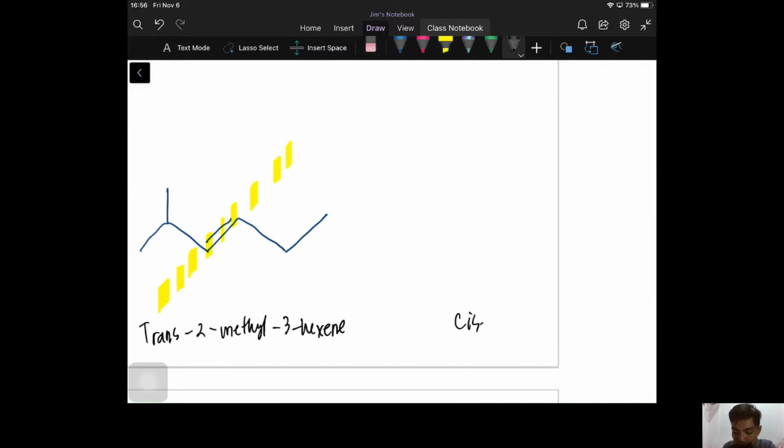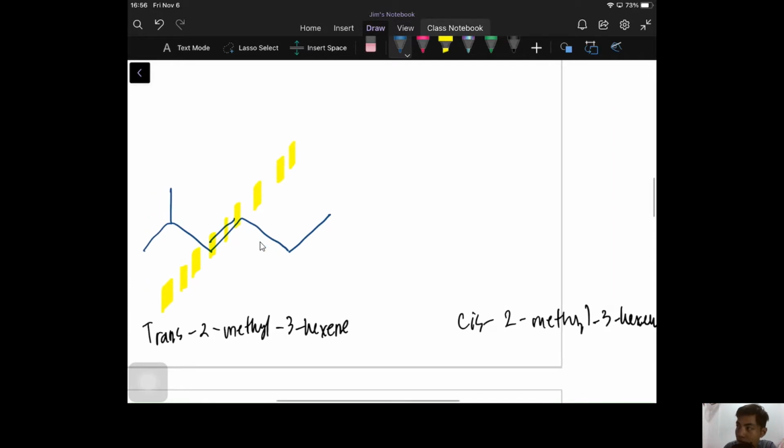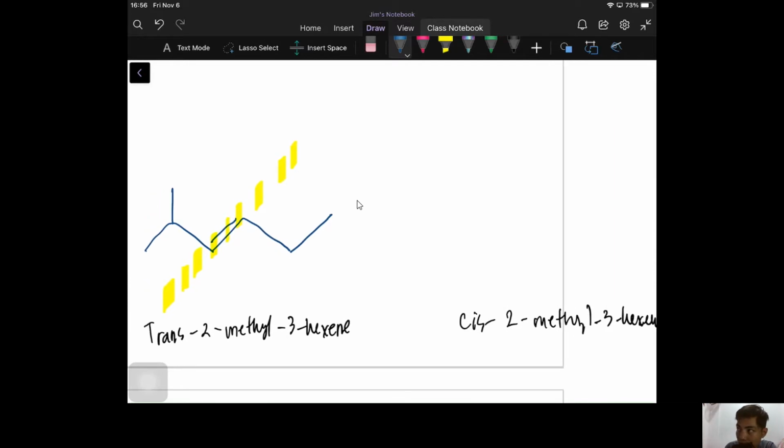Paano po yung cis 2-methyl 3-hexene? Paano yan? Ang ganito lang. Gagawin mo lang, itong CH2, CH3 dito, instead na nasa baba yan, lilipat mo lang yan sa taas.